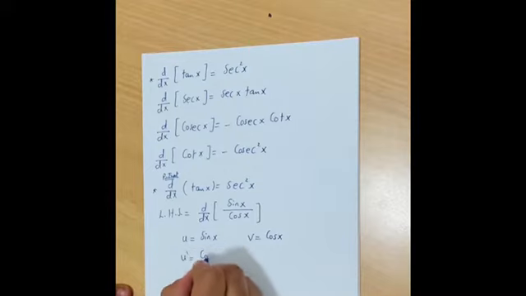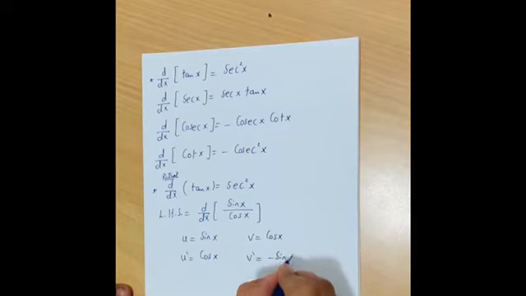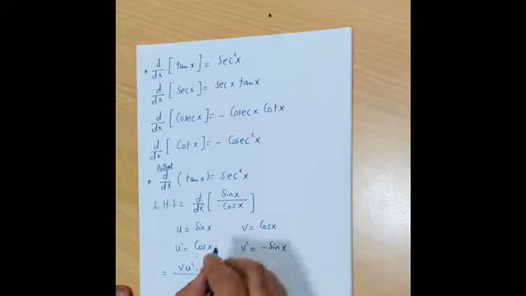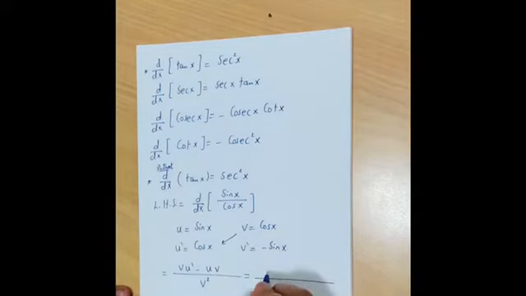Differentiation of sine is cosine x, and differentiation of cosine is negative sine x. Now let's use the quotient rule, which is v squared in the denominator, vu dash minus uv dash. So always start from vu dash. Cosine by cosine is cosine squared x. Then sine by sine is sine squared x.